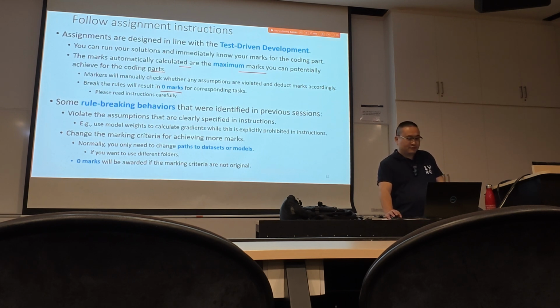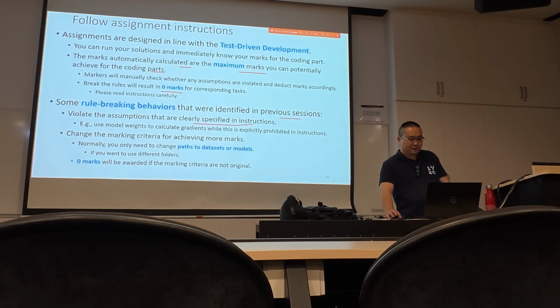Some rule-breaking behaviors were identified in previous sessions. Here are some examples. Students can violate the assumptions that are clearly specified in the instructions. For example, if we do not allow you to calculate gradients using the target model, but the solution uses the gradients, then that will be 0 marks.